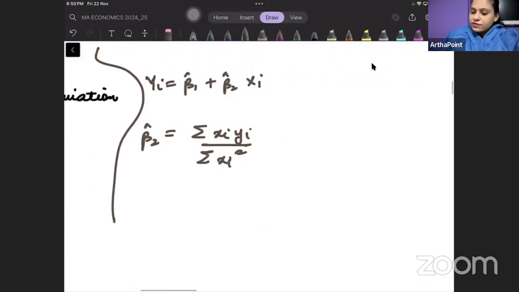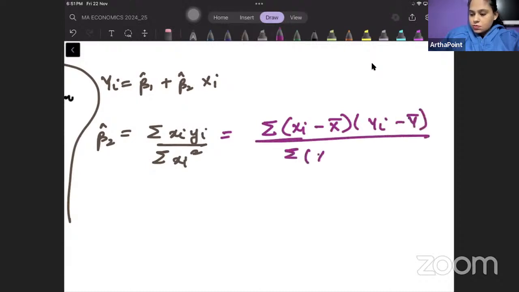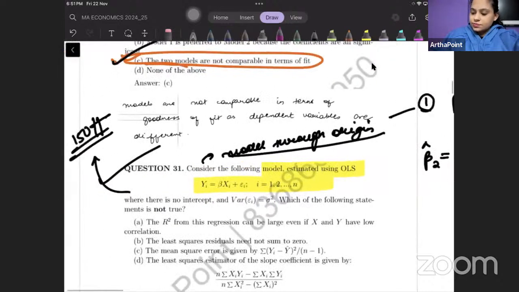And when you open this up, you will get this. Remember, we opened it in one of the lectures. You will get exactly this. You can try opening this up.